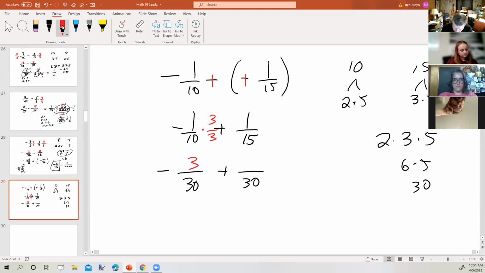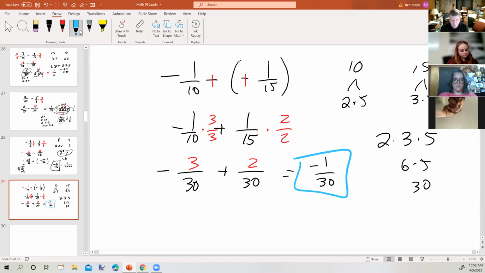I'm going to multiply 1/15 by 2/2, so 1/15 becomes 2/30. So -3/30 plus 2/30 would be what? -1/30. Okay, we all right with that?